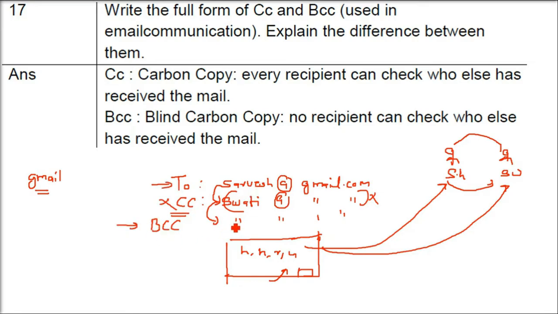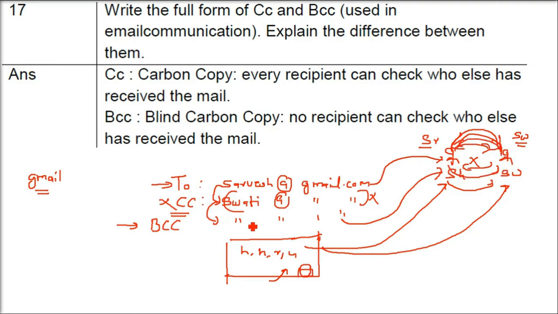Now To is Sarvesh and BCC is Swati. When you send the same mail, it will go to both recipients, but Sarvesh and Swati won't be able to know that the mail was also sent to the other person. That is why it is called blind carbon copy. They both will not be able to see who else has got this email.